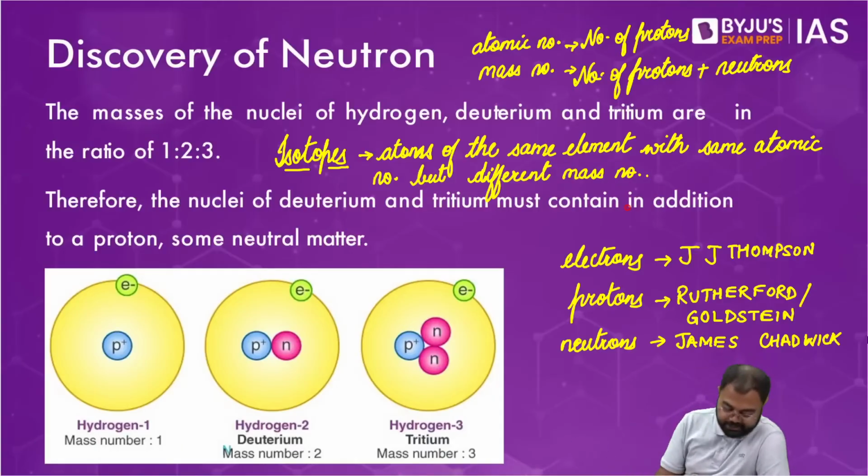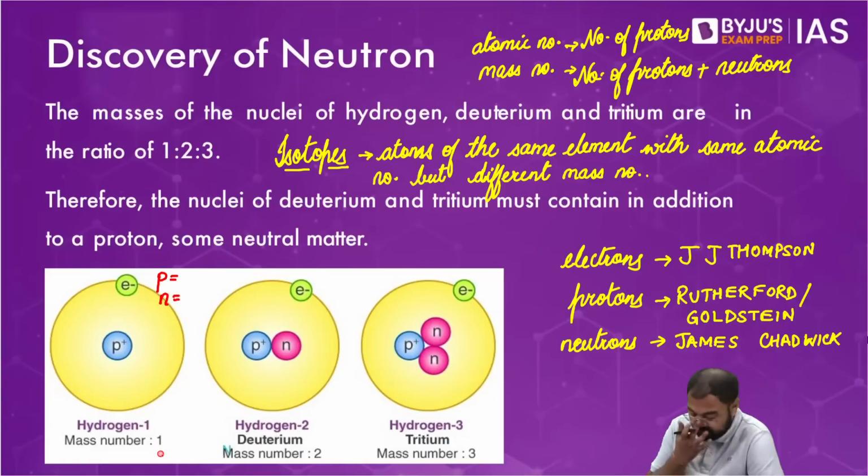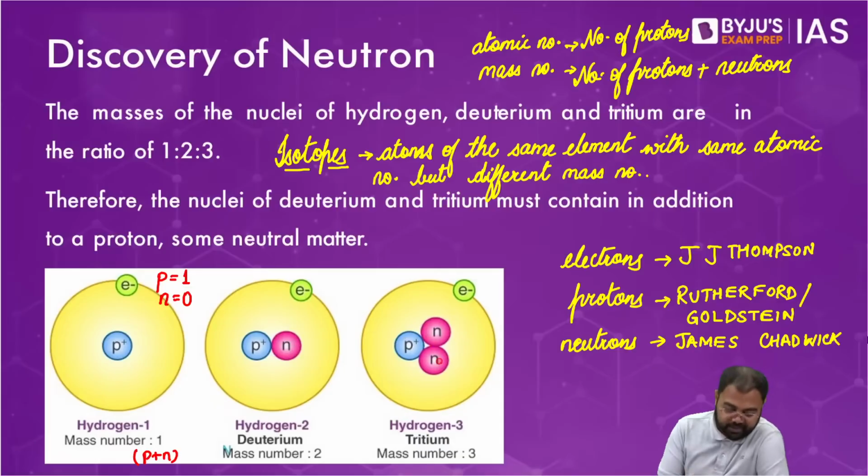If you look at this figure for hydrogen, you have hydrogen with mass number 1, 2, and 3. In the first one, how many protons and how many neutrons? It has one proton, and it does not have any neutron.